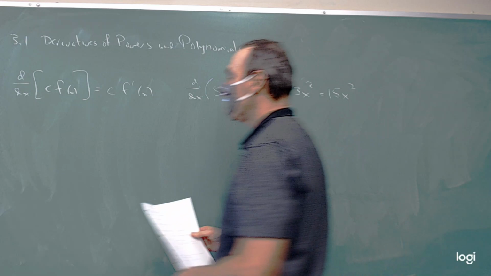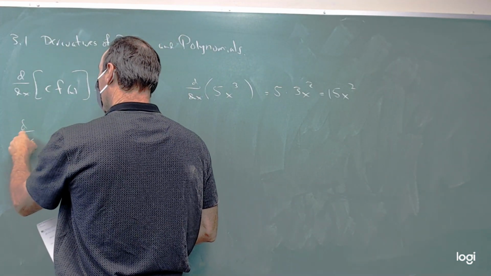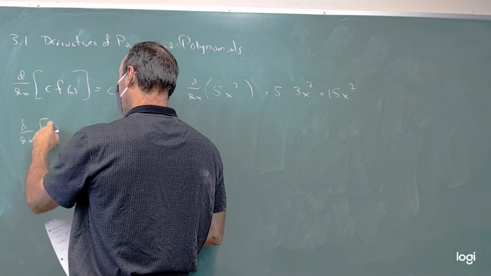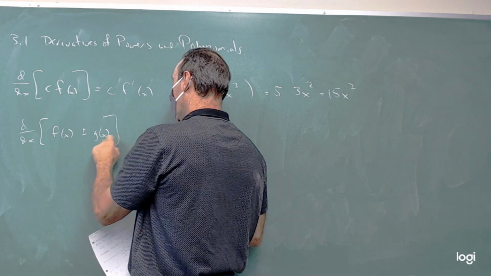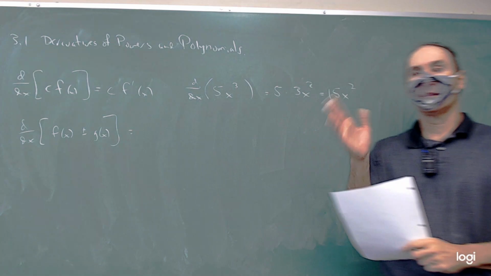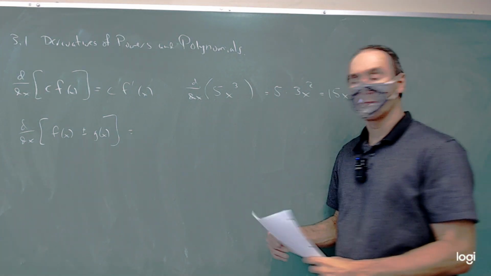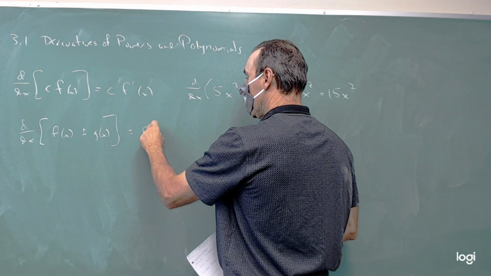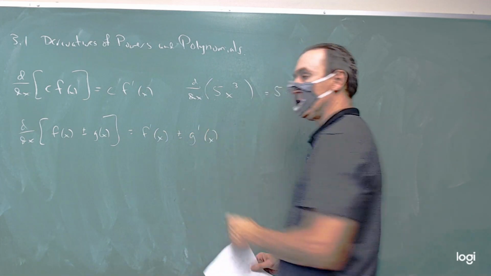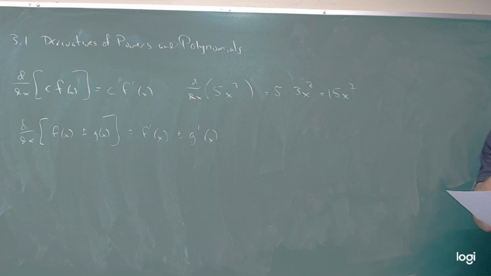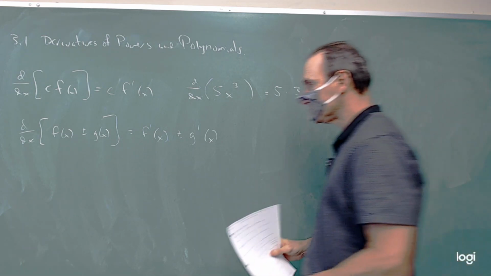We know the derivative of the sum of two functions, f of x plus or minus g of x. We're just going to take the derivatives of each one and add or subtract the results. So we get f prime of x, and then whatever the plus or minus was, g prime of x. So we can differentiate these crazy polynomials.